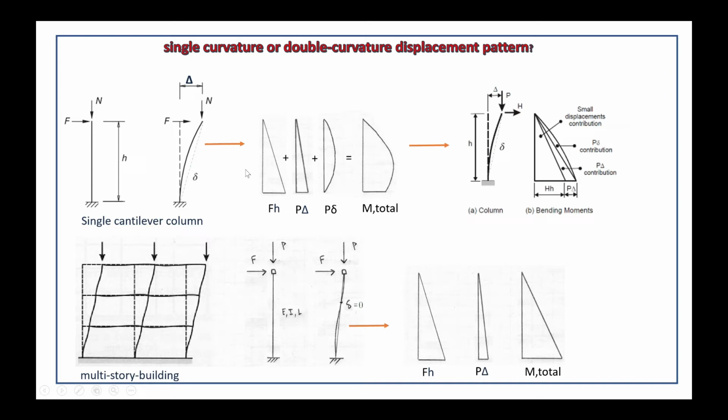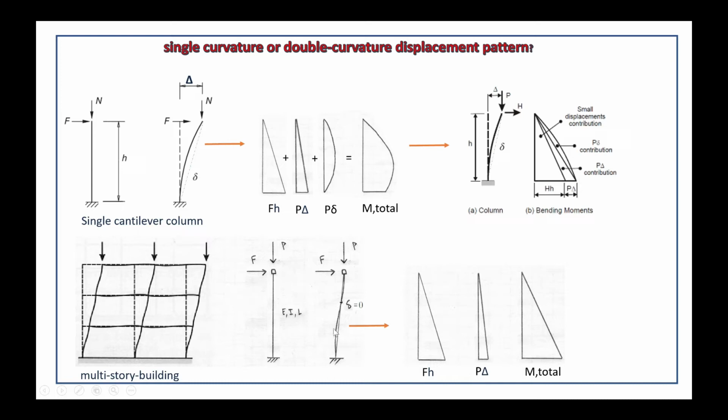The multi-story building is similar, but it's not the same as the single member, because the deformation shape is like this one. You can check that the deformation shape is in double curvature, but its value is small delta equal to 0.